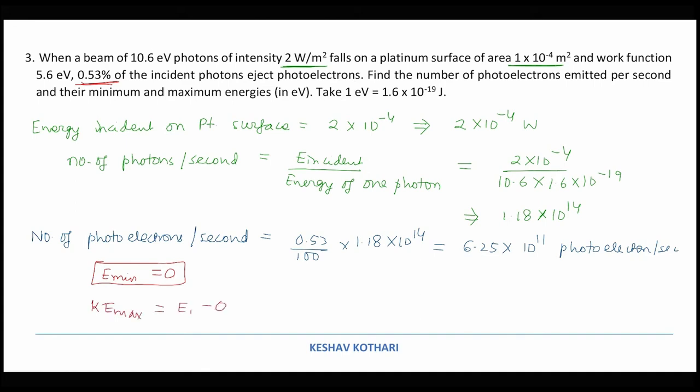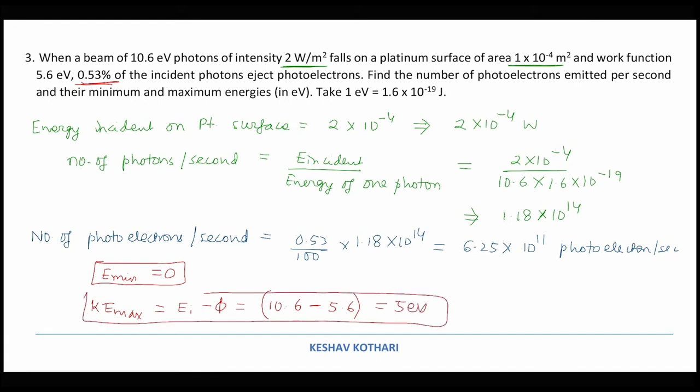So that is 10.6 minus 5.6. So we obtain a value equal to 5 electron volt. So all the emitted photoelectrons can have energies ranging from 5 electron volt to 0 electron volt. So this is the maximum possible kinetic energy and the minimum possible kinetic energy is 0.